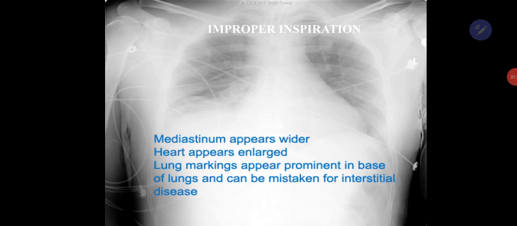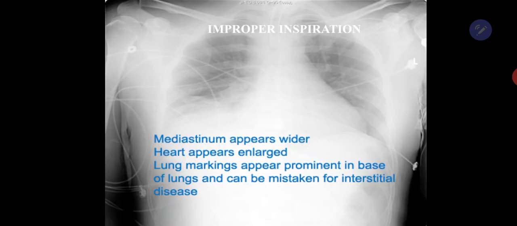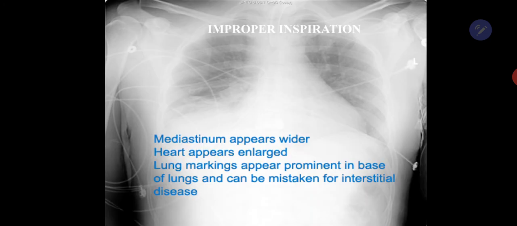In improper inspiration, you can see the dome of the diaphragm is much well above the 10th posterior rib. So there is improper inspiration, and due to improper inspiration, the mediastinum appears wider, the heart appears enlarged, lung markings appear prominent in base of lungs and can be mistaken for interstitial disease.